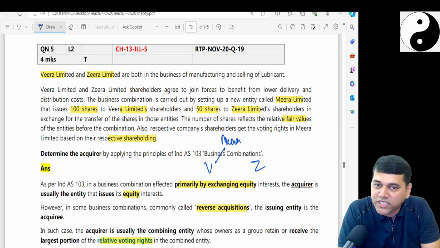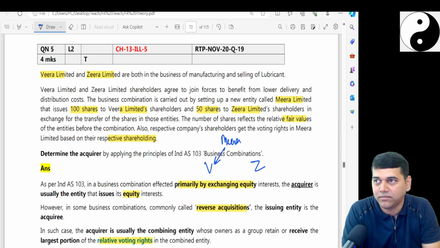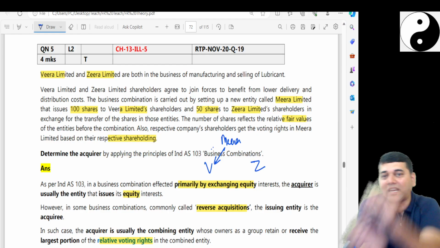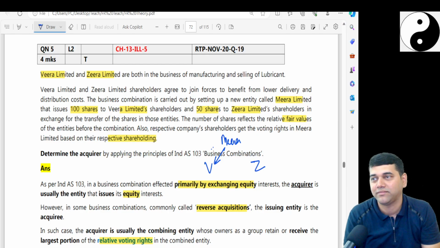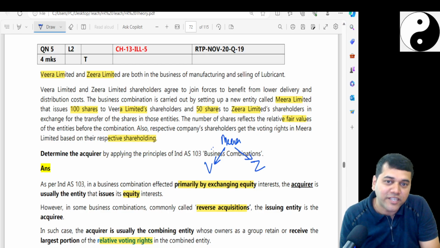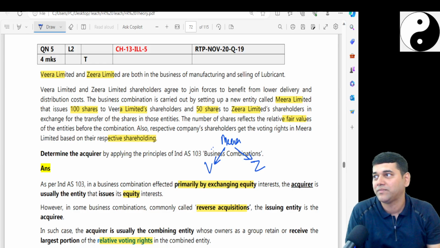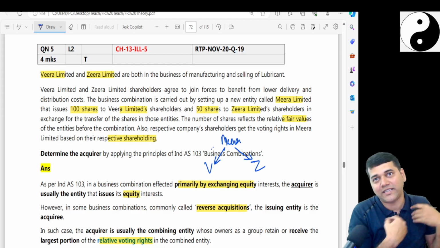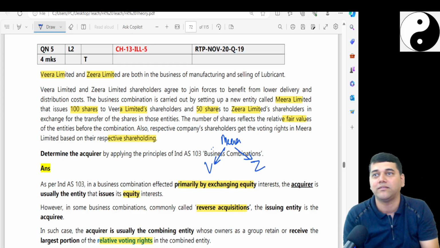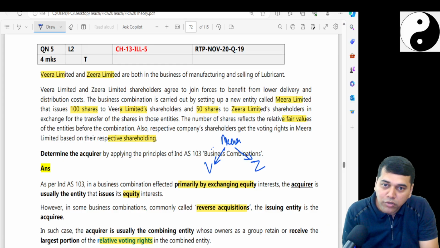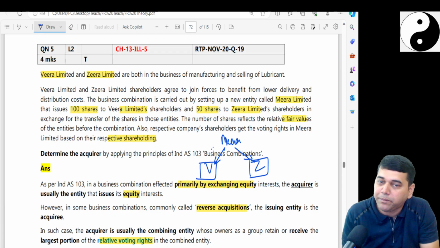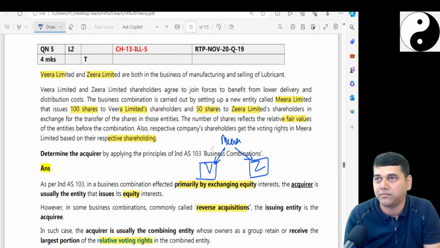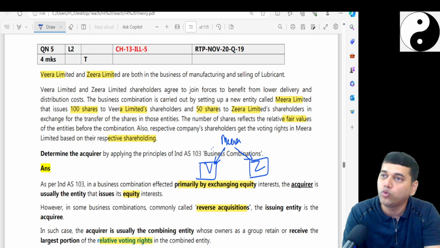Mira will issue shares to the shareholders of Veera, and Veera's shares will get transferred in the name of Mira. Mira will issue its shares to the shareholders of Zira, and Zira shareholders will transfer their shares in Zira to Mira. Now, in both the companies' share certificates, whose name is appearing? Mira's name. Now, who acquired whom?